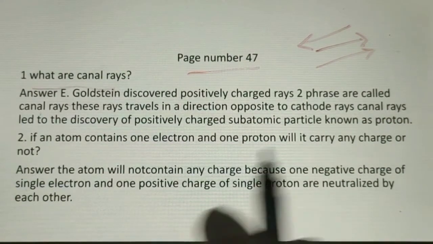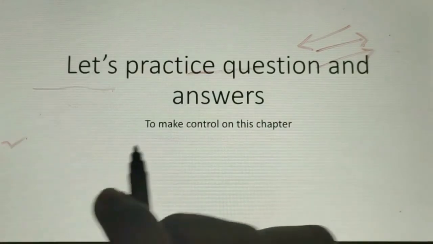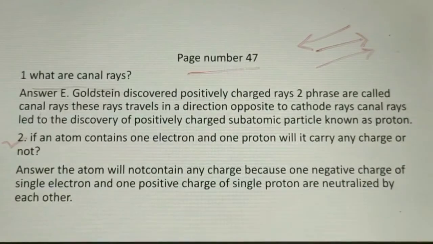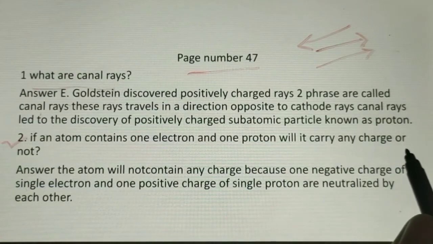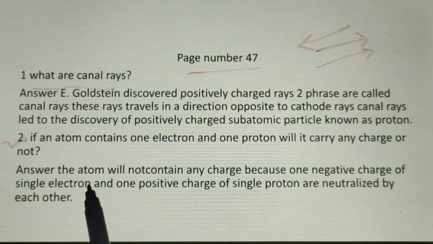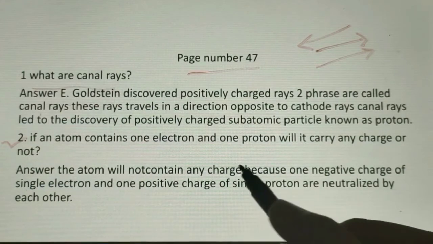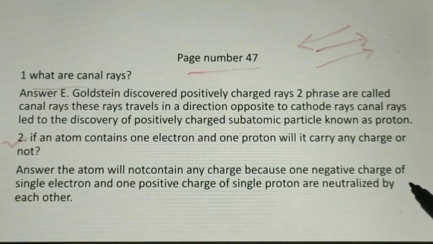Now the second question is, if an atom contains 1 electron and 1 proton, will it carry any charge or not? The answer is, the atom will not carry any charge, because the 1 negative charge of the single electron and the 1 positive charge of the single proton are neutralized by each other.